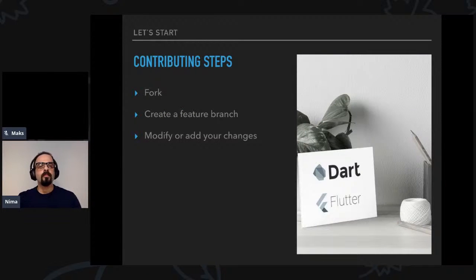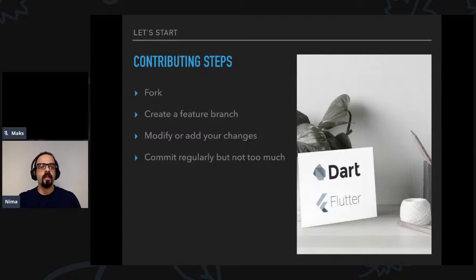The next step is to modify or add your changes, which is obvious. The reason for the pull request is to add changes to the main repository at the end of the day. After doing that, you need to commit regularly, but not too much, because if you commit too much, it would be difficult for a reviewer at the end of the day to check and review your code.